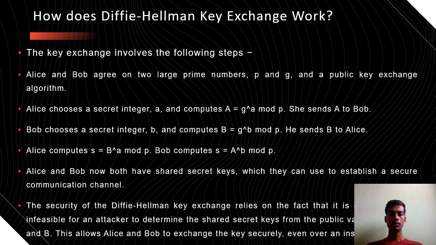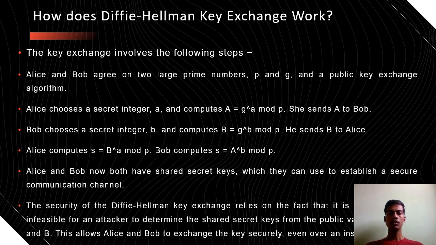Alice computes the secret key S equal to B power a mod P, and Bob computes the secret key as A power b mod P. Alice and Bob now both have the shared secret key, which can be used to establish a secure communication channel.